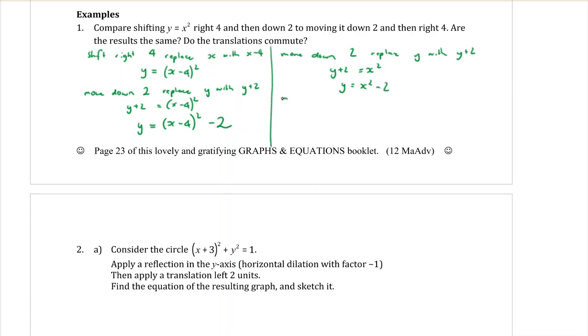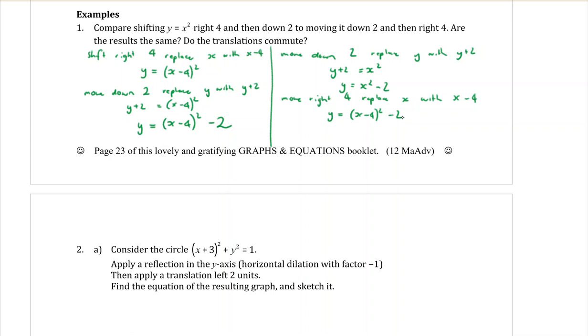Then I want to move it to the right 4 places, which means I'm now going to replace the x with x minus 4. So subbing that in, it will be y equals x minus 4 in bracket squared minus 2.